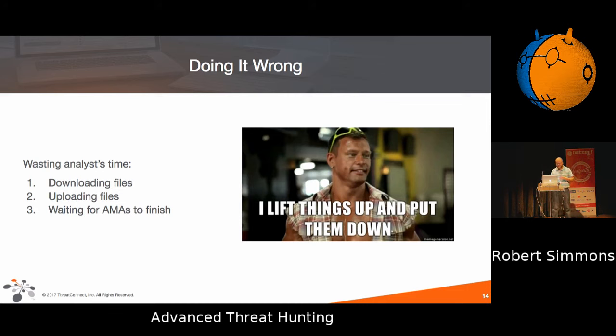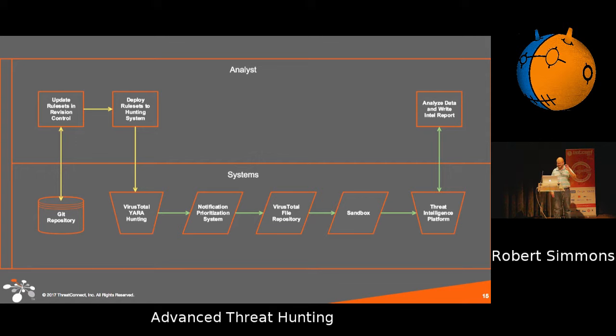So this is the improved version, and I think some people will recognize that there is one key piece that's still over in the analyst's swim lane here, and this is because VirusTotal doesn't have a way to upload YARA rules via API to their hunting system.